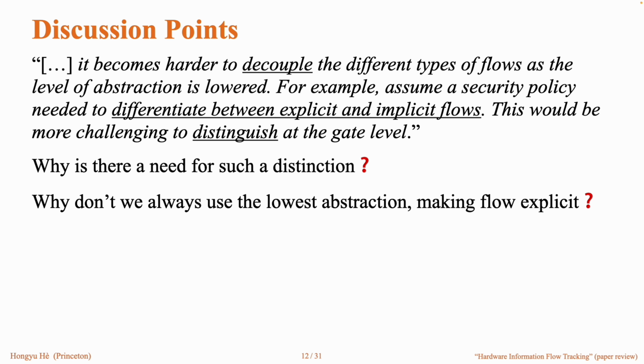I totally agree. I think in the paper they mentioned that certain policies are defined specifically for explicit flows and implicit flows. I think having that distinction in actual information is useful. And for the second point, as we will see, when we are lowering the level of abstraction, yes, it makes the reasoning of information flow easier because we don't have the syntax and whatnot.